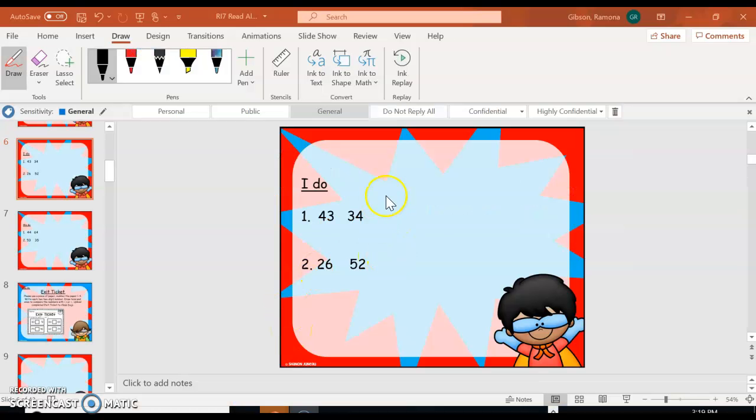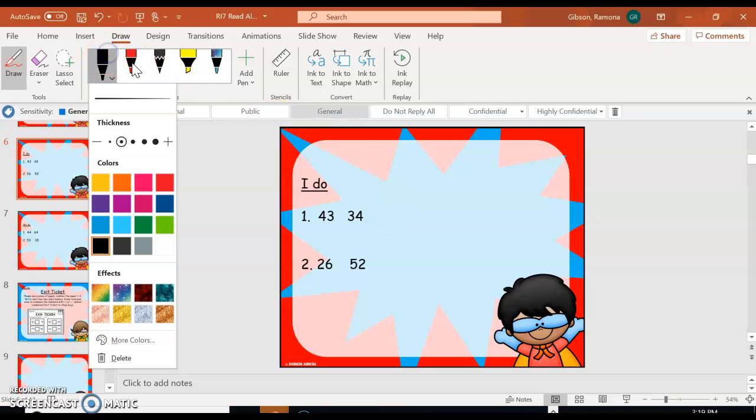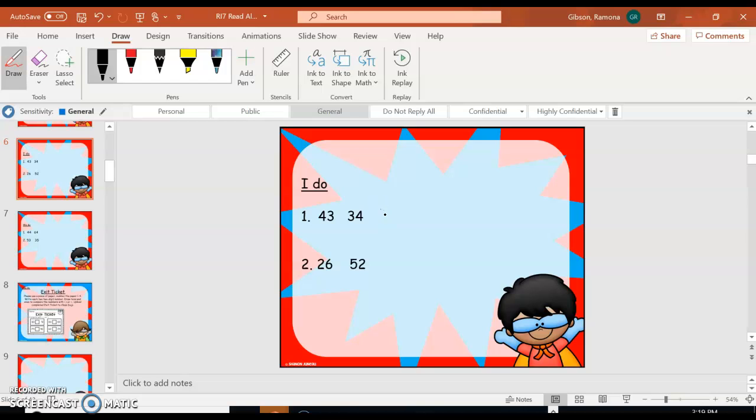So now, guys, I'm going to model for you comparing two two-digit numbers. And I'm going to use a drawing tool to represent our tens and our ones. So the first number going from left to right is number 43.